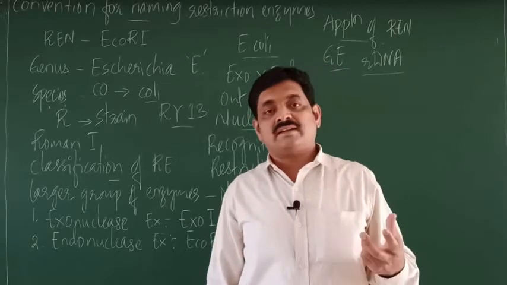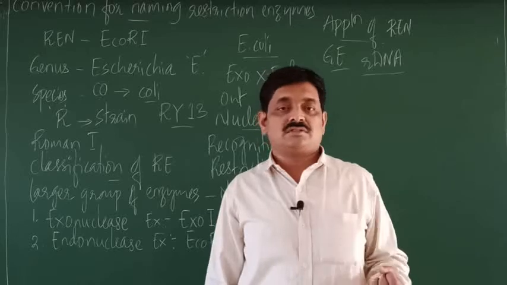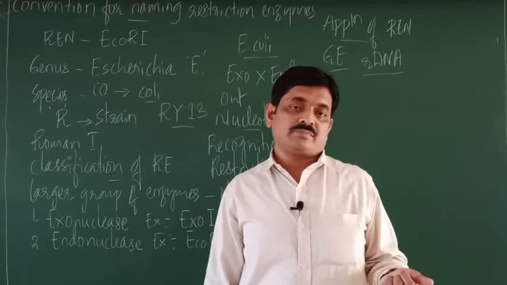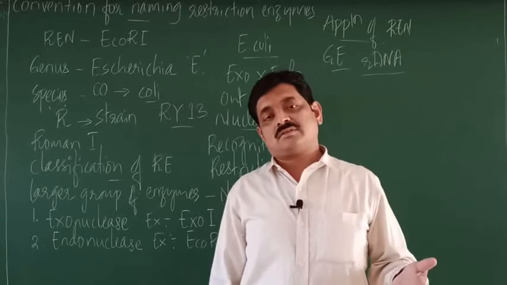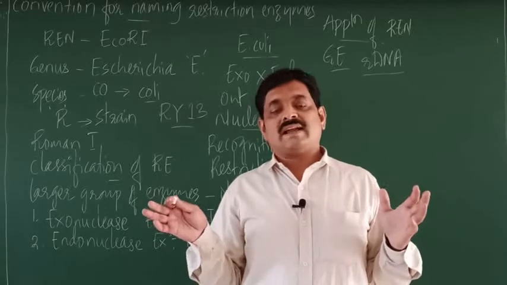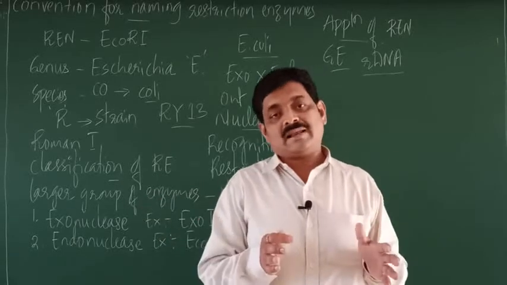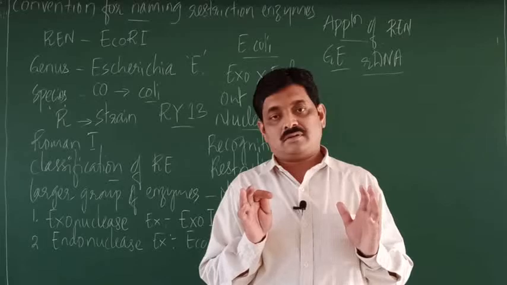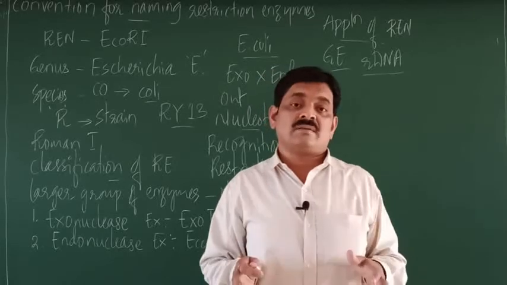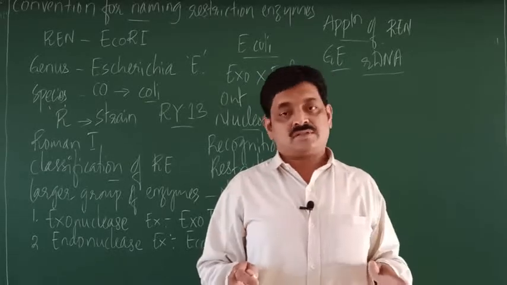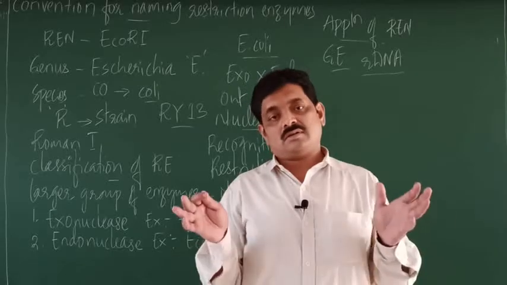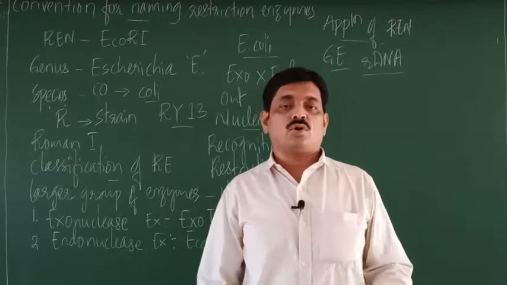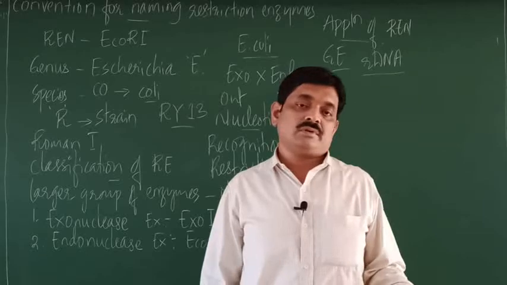So plasmid and desired gene are cut by using REN. And after this, that desired gene is inserted in the plasmid by using another enzyme, that is DNA ligase, and ultimately you get a molecule that is called recombinant DNA molecule.